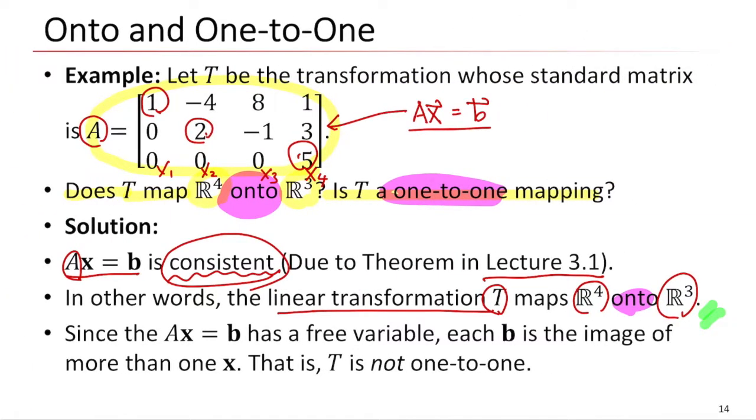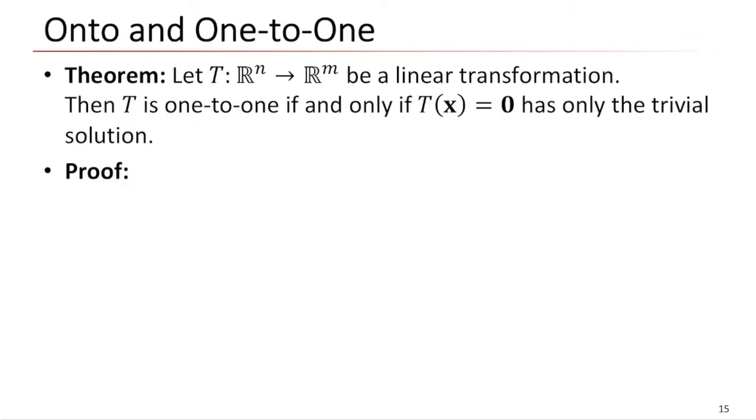So there is no one-to-one mapping relationship. In other words, T is not one-to-one for this matrix A. Okay, so this is the concept of one-to-one mapping.